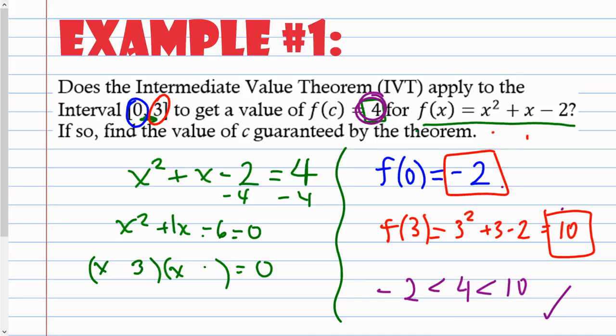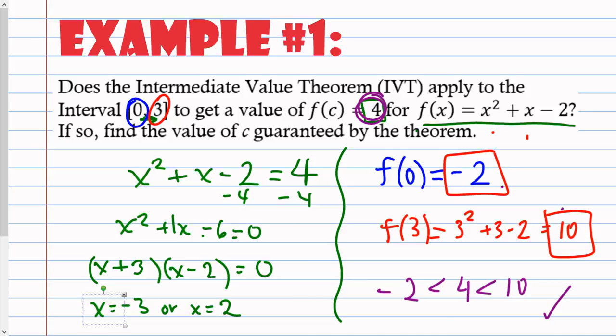So I have 3 and 2, and for the 1 to be positive, the 3 would have to be positive. So the solution here for x is either -3 or +2.